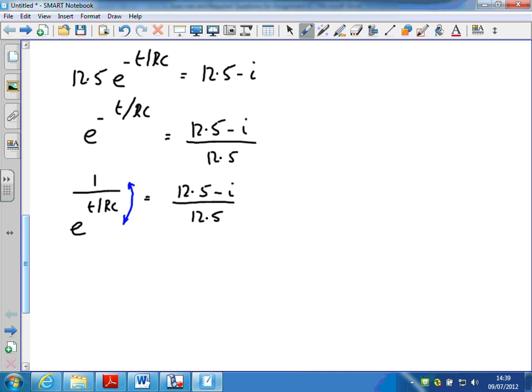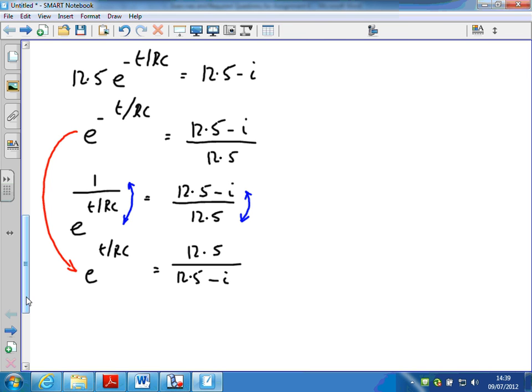So that over that can be inverted, and so can that. So we actually get that e to the t over RC equals 12.5 over 12.5 minus I. With time, you can just jump straight from there to there. Do that inversion in one hit.